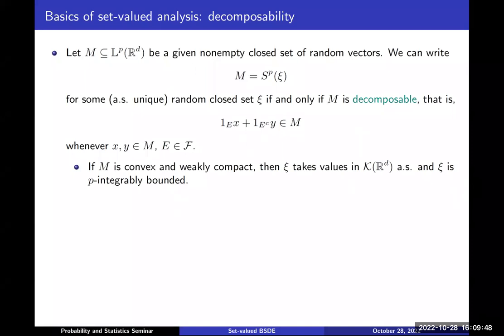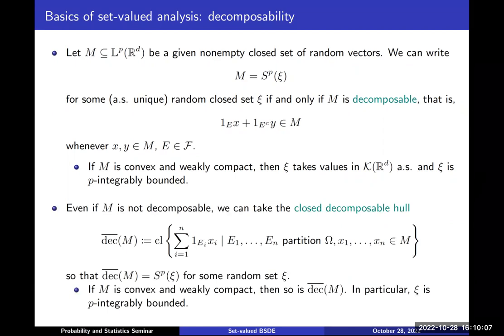Whenever we would like to pass from LP to random sets, we always need this kind of result. If you assume that M is also convex, then your random set is convex. If you assume that M is weakly compact, then your random set is even integrably bounded.